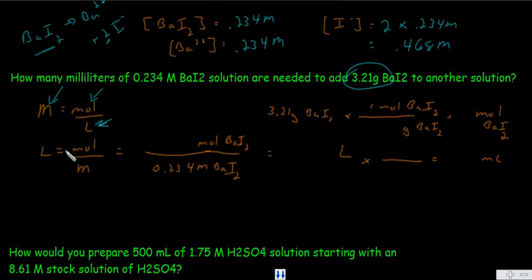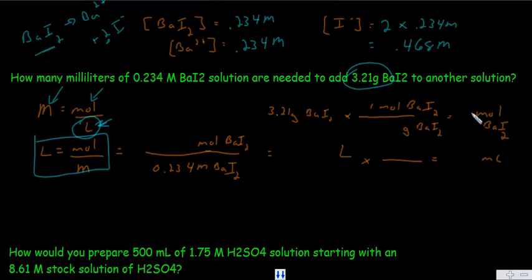So I guess we need to rearrange this equation to isolate liters, get it alone and on top, and so multiply both sides by liters and then divide both sides by molarity, and you get liters is equal to moles over molarity.